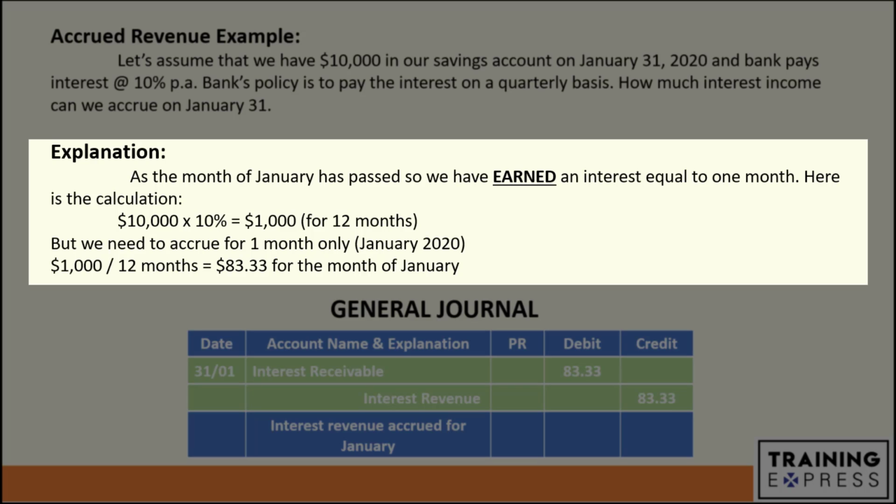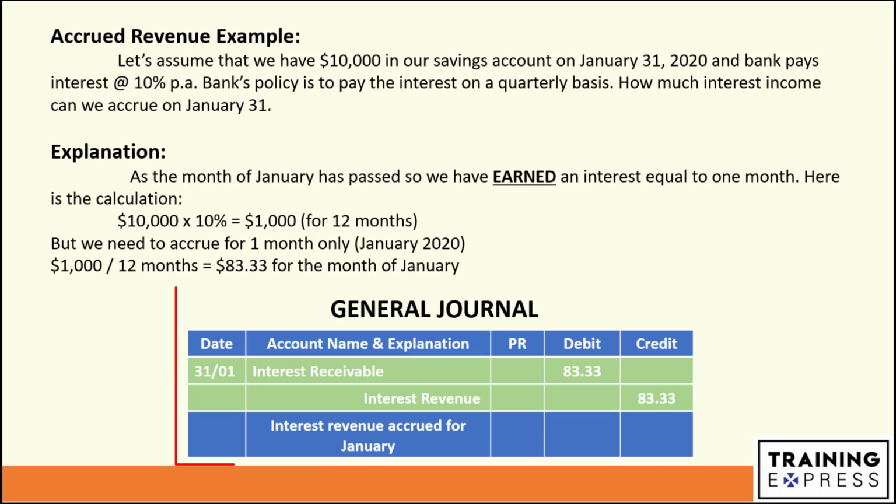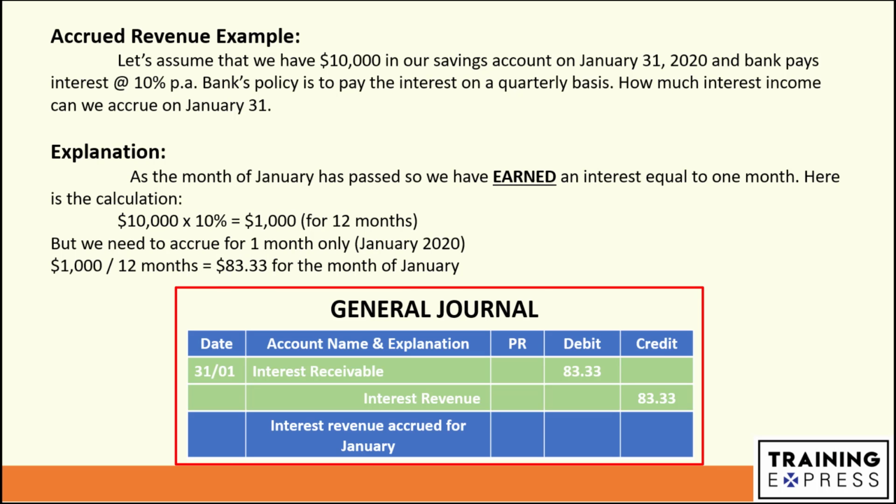So we will take $1,000 and divide it by 12 months and we will get an amount of $83.33. Now we will record this earned income in the form of a journal entry.